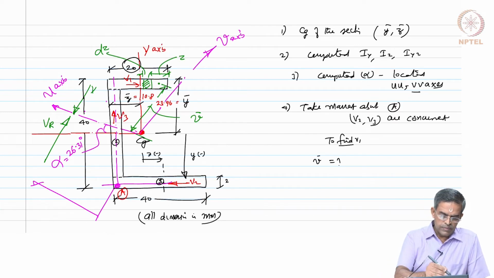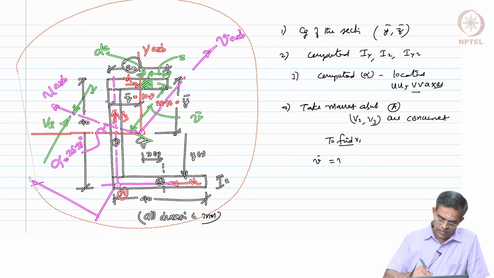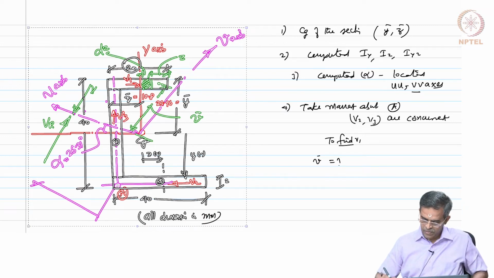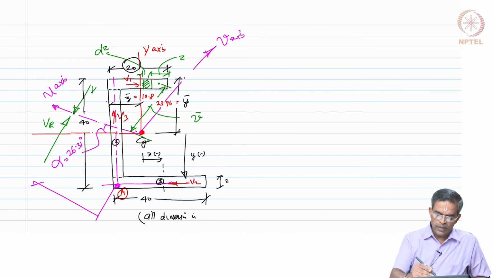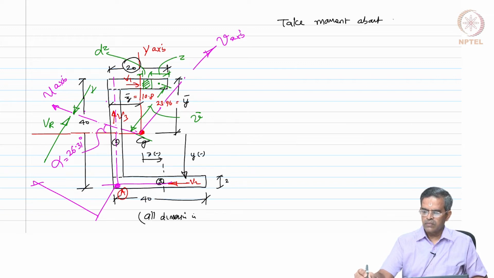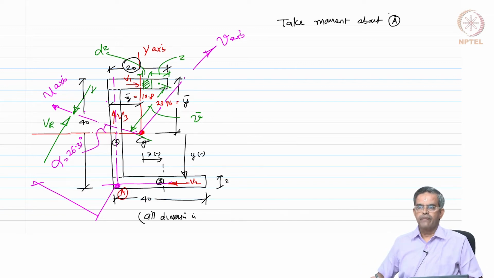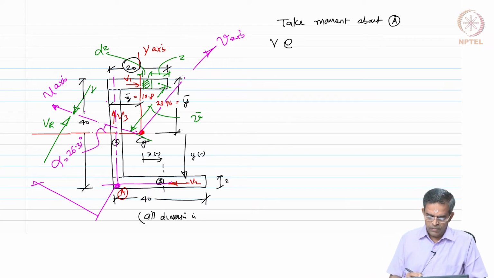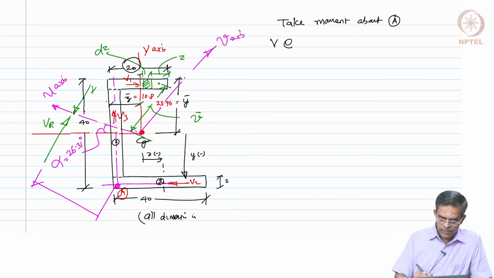Now, we will take moment about this. So, we will draw this figure. Now, we will take moment about A. So, V, we will call this distance EU, right.